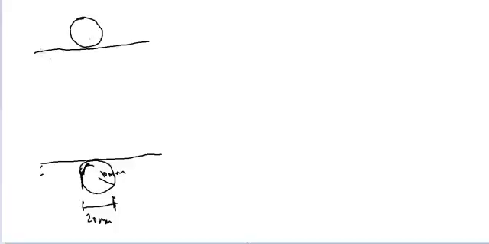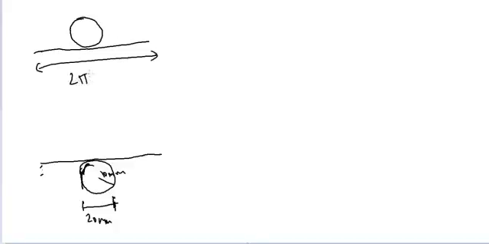Well, that part would have to go all around that circle. So if that's the radius, the length of the side is going to be 2 pi times the radius.